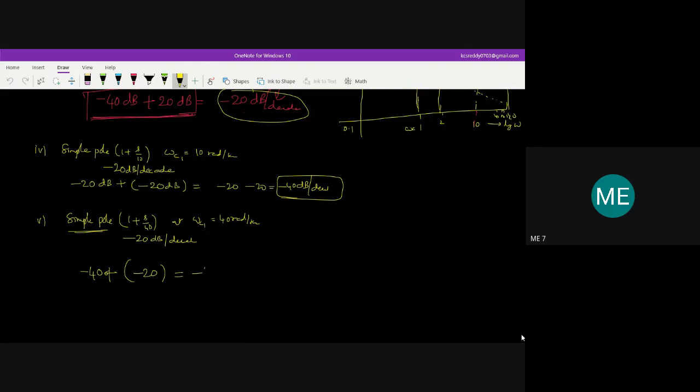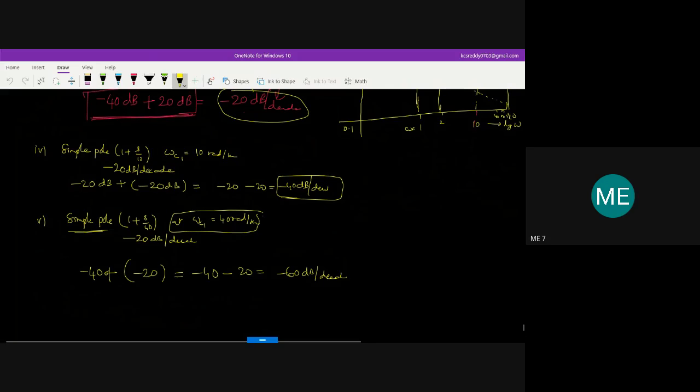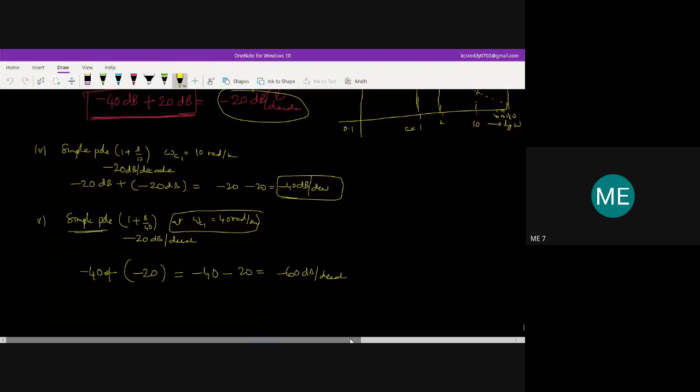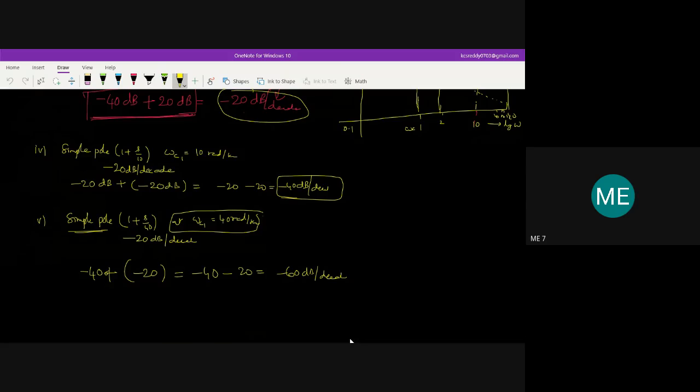So total is minus 40 minus 20, which is equal to minus 60 dB per decade. So at omega c equal to 40 radians per second, the resultant slope is going to be added with the minus 20 dB for the previous one. So totally a minus 60 dB line is going to come into the picture.